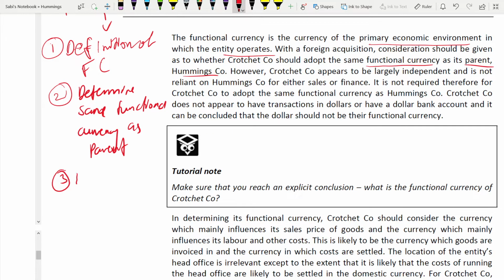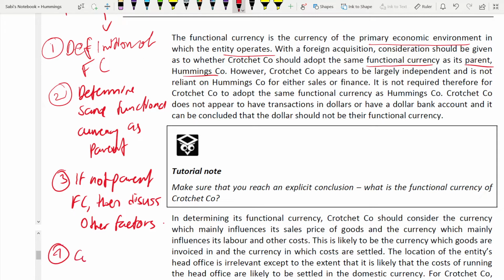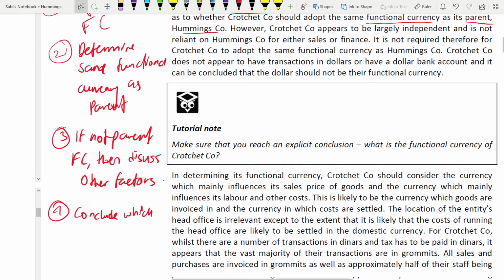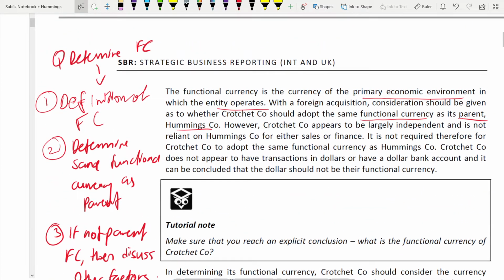If not parent functional currency, then discuss other factors. Third step. And finally, conclude which currency. So these are the 4 steps you have to follow.